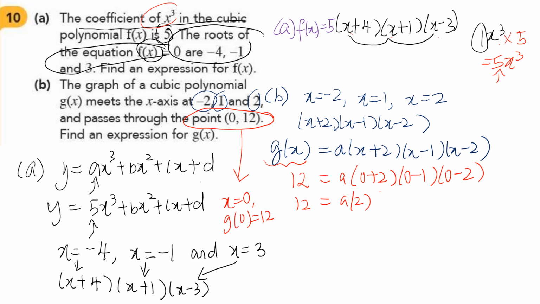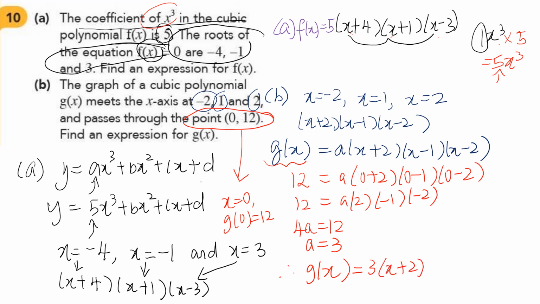It's so sweet, and you don't need to work until all the cows go home and still don't get the answer. 2 times -1 is -2, times another -2 is +4, right? So 4a equals 12, a equals 3. So therefore our g(x) is 3(x + 2)(x - 1)(x - 2). And that's our answer. So sweet and simple.